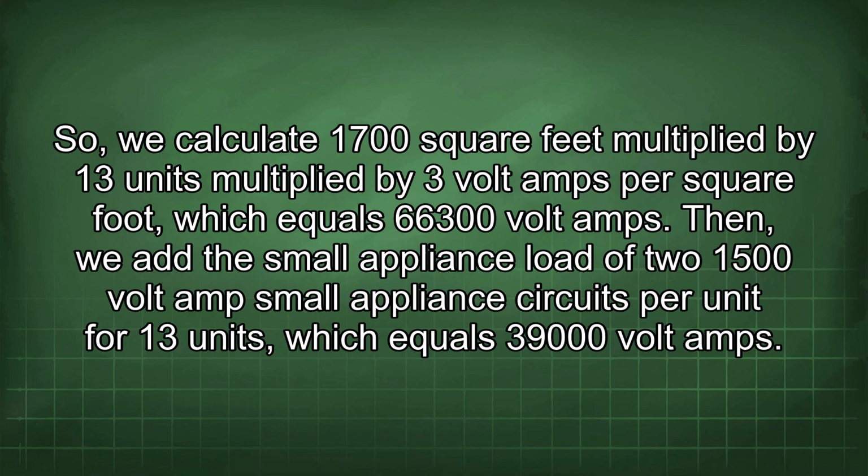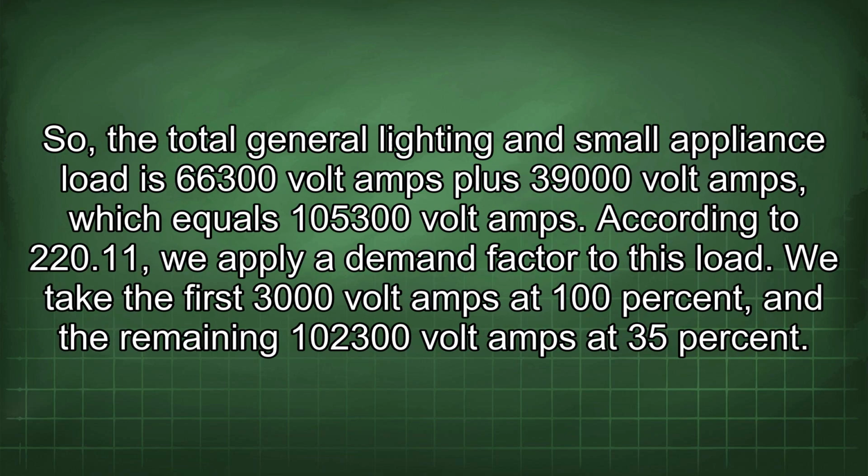Then, we add the small appliance load of 2 1500 volt amp small appliance circuits per unit for 13 units, which equals 39,000 volt amps. So, the total general lighting and small appliance load is 66,300 volt amps plus 39,000 volt amps, which equals 105,300 volt amps. According to 220.11, we apply a demand factor to this load.